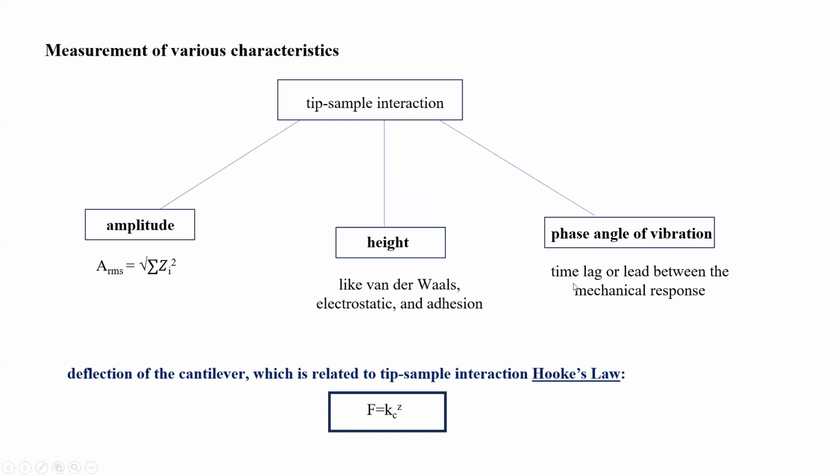And the phase angle of vibration is the time lag or lead between the mechanical response between the sample and the tip. The deflection of the cantilever, which I talked about earlier, helps to find the force, the formula for which we get from Hooke's law, F = Kc Z, where F is the force between the tip and the sample surface, Kc is the spring constant, and Z is the deflection of the cantilever.